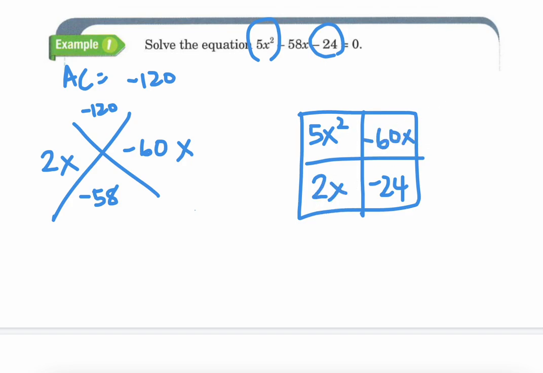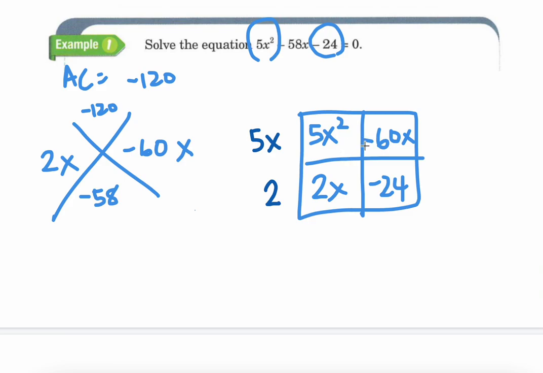Okay, and then we have to work backwards to figure out what terms go on the outside. 2x and negative 24 both have a 2. And then 5x squared and negative 60x both have an x and a 5.